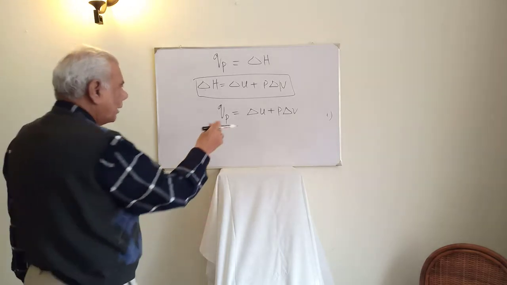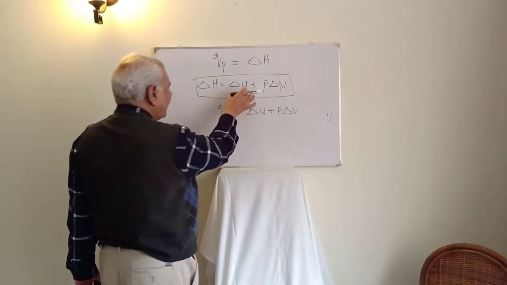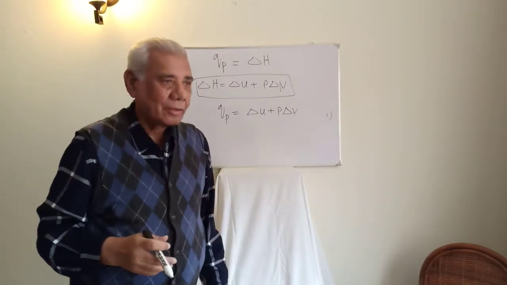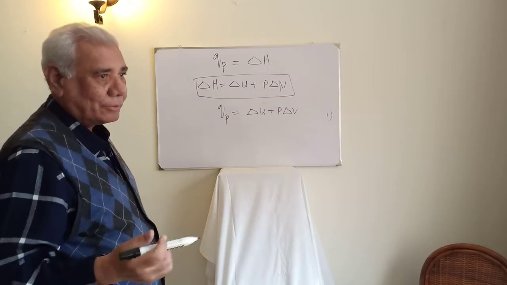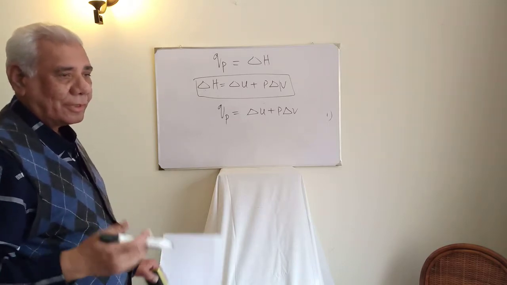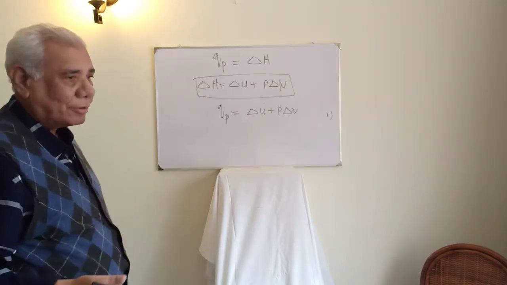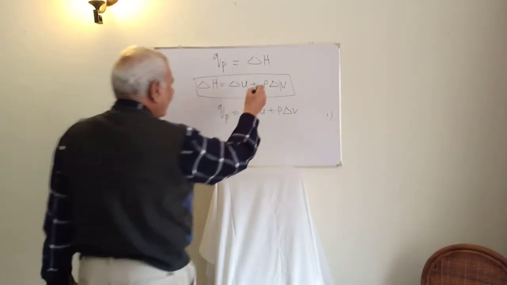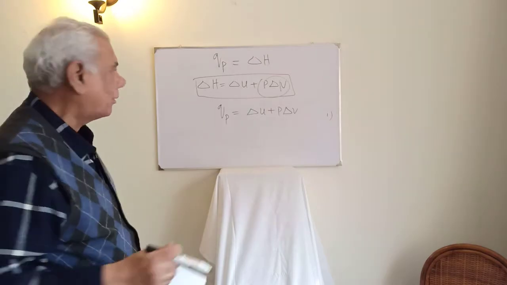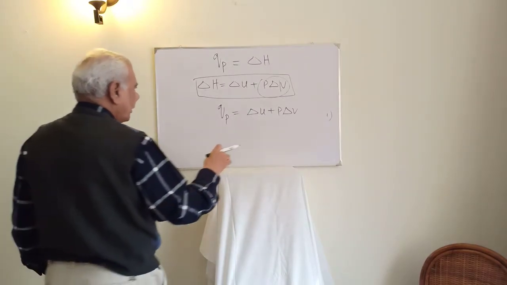So actually enthalpy is the corrected internal energy change. Of course, in our lab when we do the experiment, we just measure the heat evolved or heat absorbed, but not this particular term, which is of course the work. Alright, so this is it.